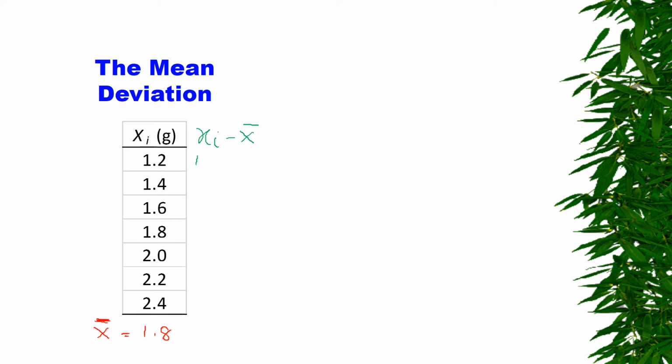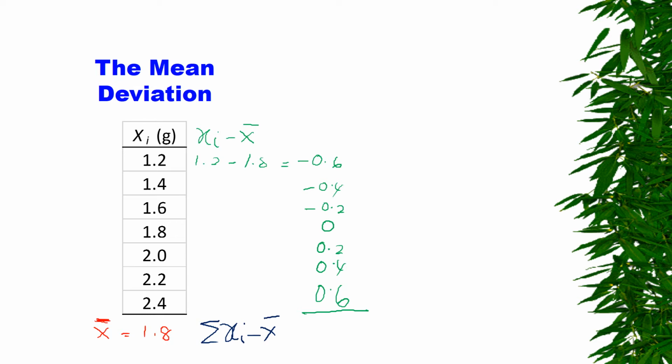So 1.2 minus 1.8 equals negative 0.6, followed by negative 0.4, negative 0.2, 0, 0.2, 0.4, and 0.6. The sum of all deviations will always be 0.